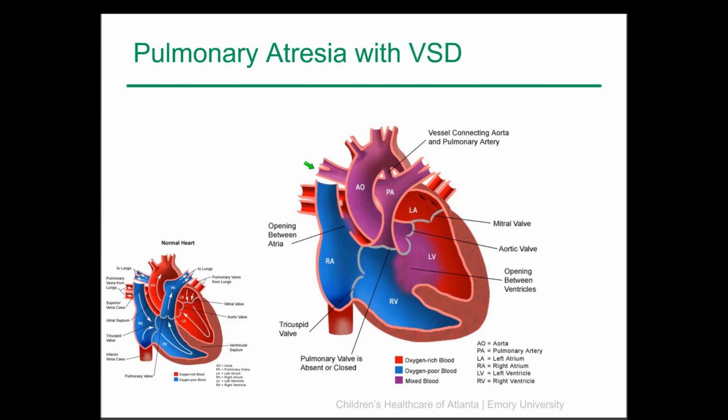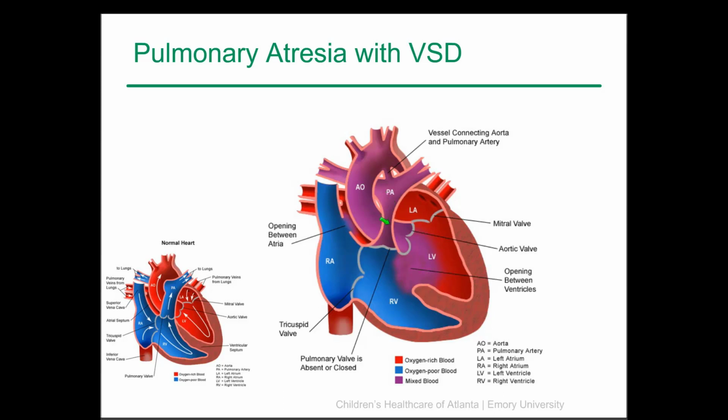If we do the surgery, it'll be a lot like what we saw with the tetralogy of Fallot, that we'll try to close the VSD here, and then we will try to get all those arteries to come into this pulmonary artery.